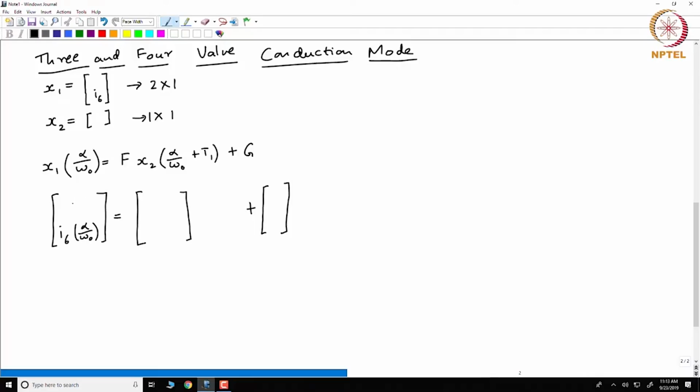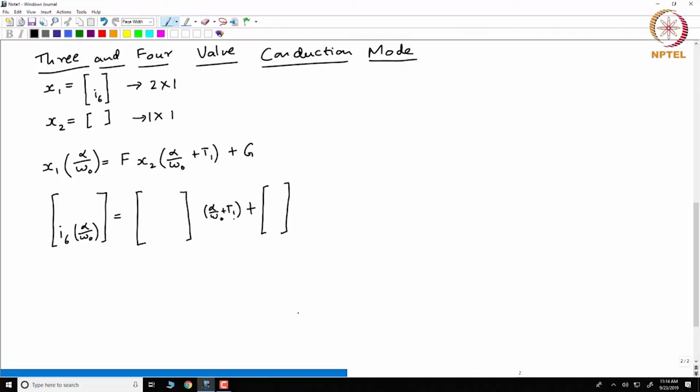The first element of X1 is nothing but X2. Now, the question is what can be chosen for X2, which is nothing but the other element of X1 or the first element of X1. Say, if I assume that the quantity that I choose is one of the currents, the first element of x1, so that current is evaluated at alpha by omega O plus T1.